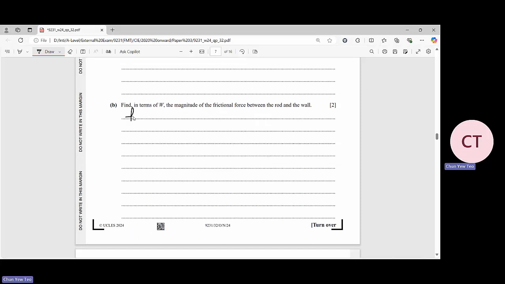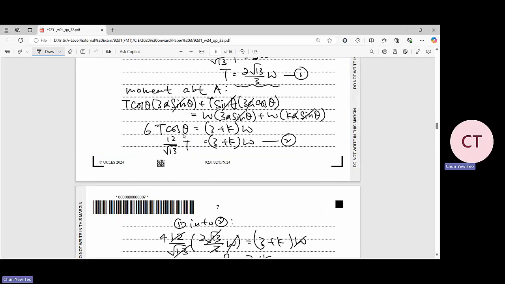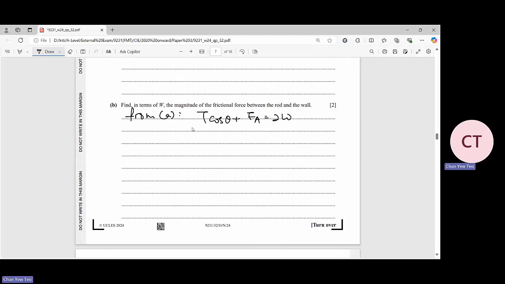So from A, we have T cos theta plus FA is equal to 2W. We already know T is 2 root 13 over 3 W. Cos theta is 2 over root 13.